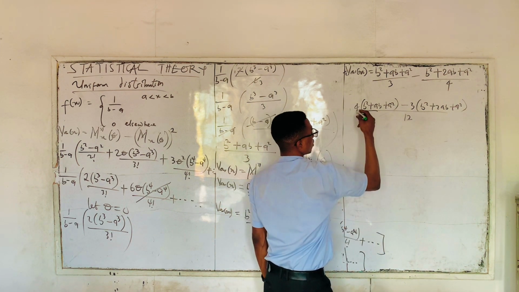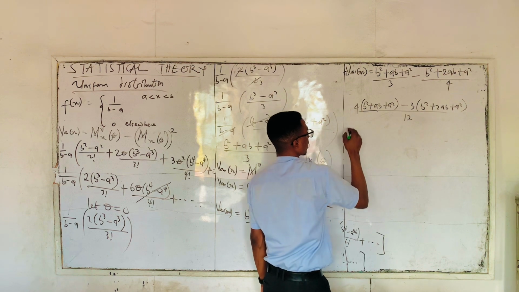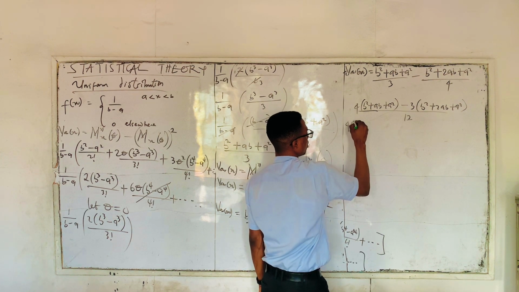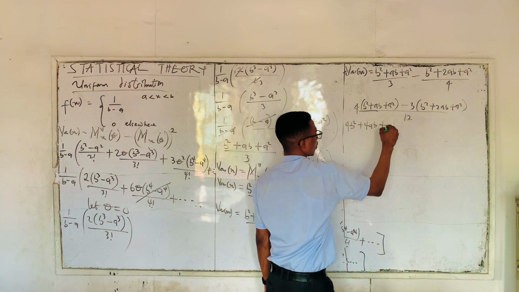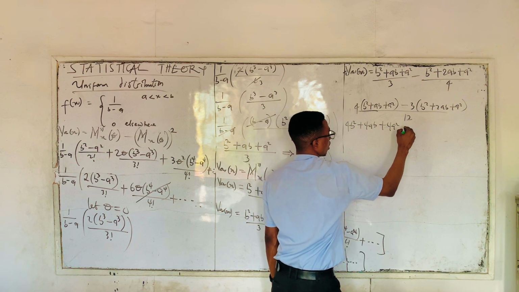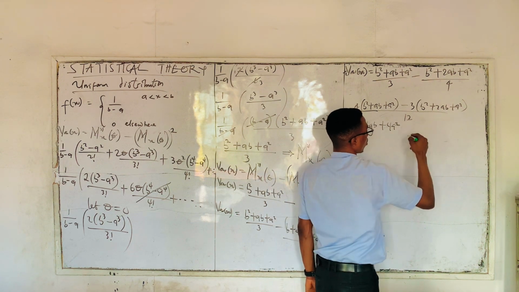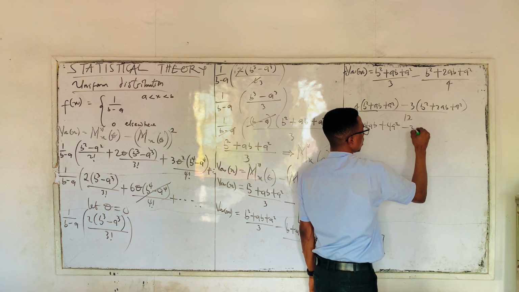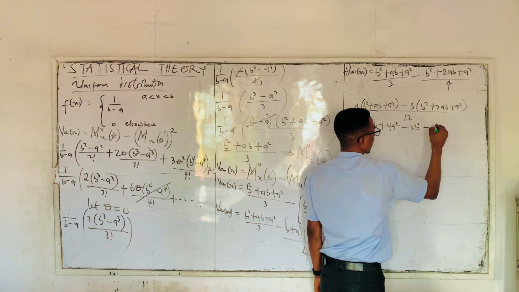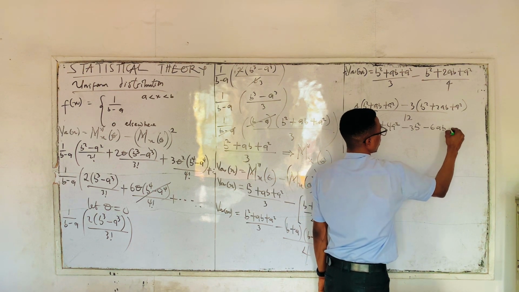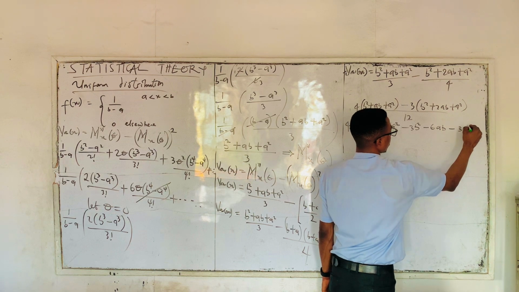Now let's use these figures to open up the brackets. We have 4b squared plus 4ab plus 4a squared. Now minus 3 multiplies all elements here. We have minus 3b squared minus 6ab minus 3a squared all over 12.